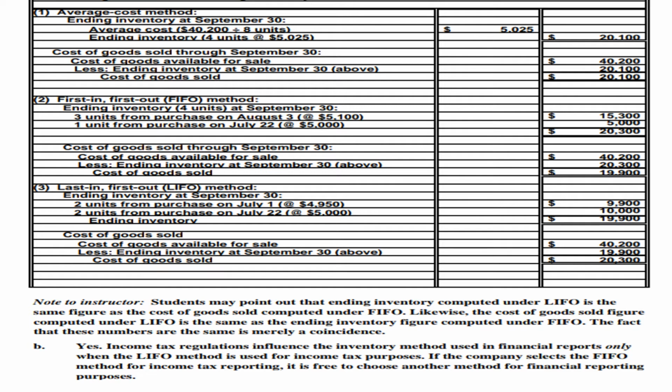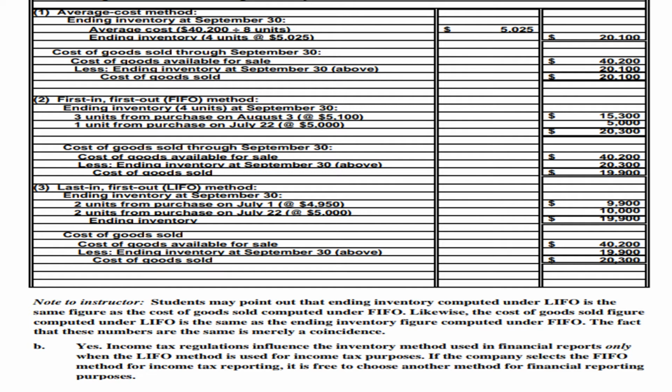That's why we multiply 4 units with 5,025, and the total ending inventory is 20,100. In case of cost of goods sold through September, cost of goods available for sale is 40,200, and we deduct the value of ending inventory, that is 20,100. Now the cost of goods sold is 20,100.